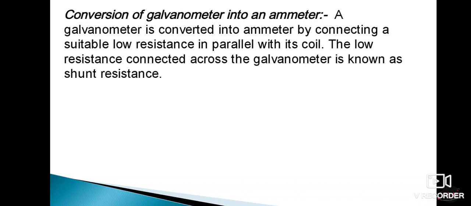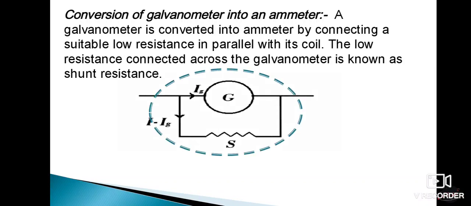That low resistance across the galvanometer is called a shunt resistance. Just observe the circuit diagram here: G is the galvanometer, and S is the low resistance that is applied, and both are connected in parallel. When both are connected in parallel, our galvanometer is converted into an ammeter.